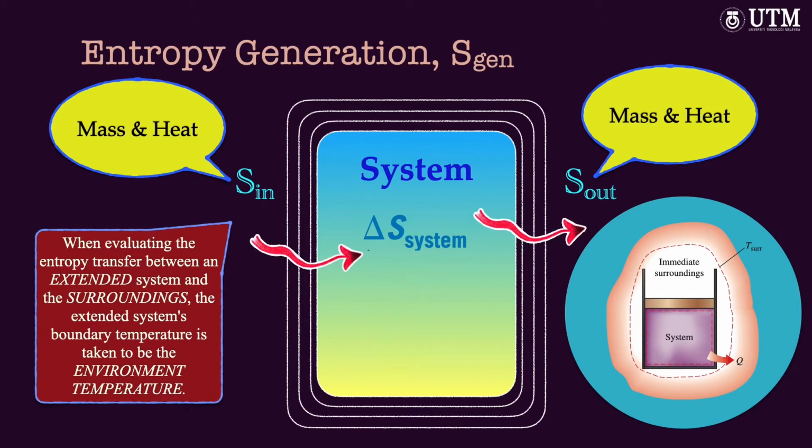When evaluating the entropy transfer between an extended system and the surroundings, the extended system's boundary temperature is taken to be the environment temperature.